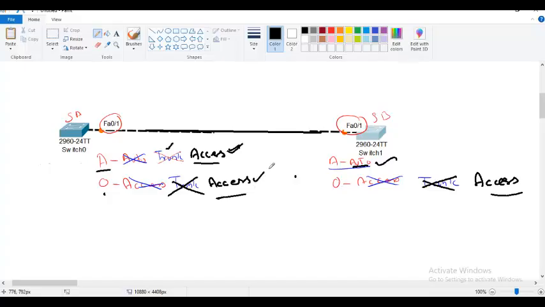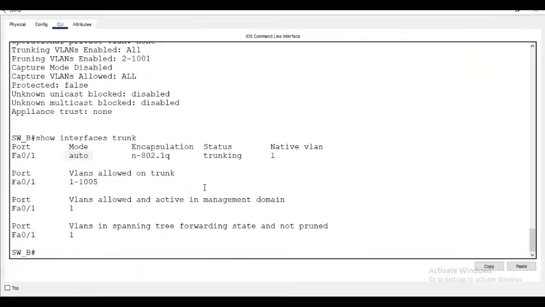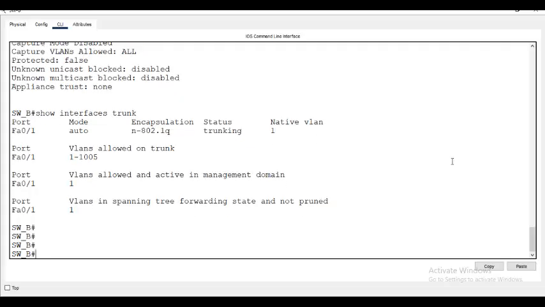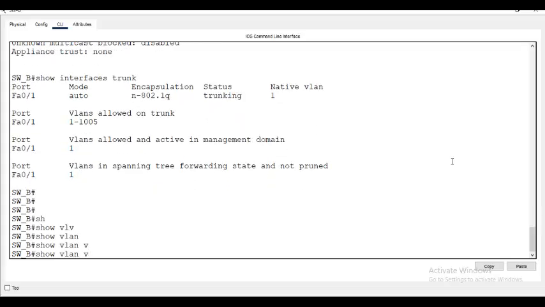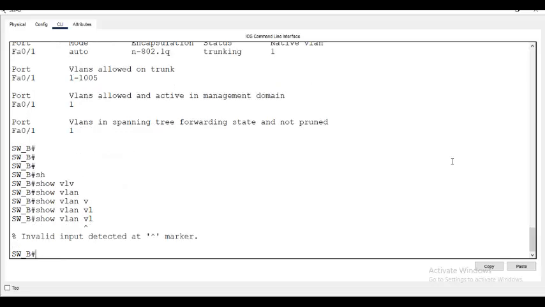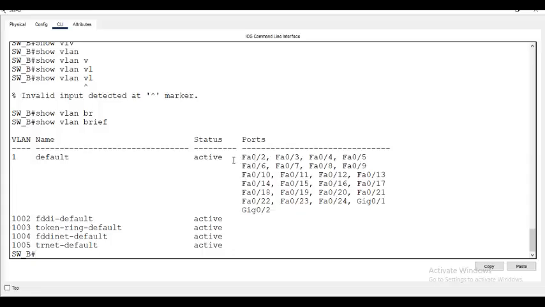And in switch B, when you type show vlan brief, you don't see port number 1 because right now it is trunking. It won't come under any VLAN when it is a part of all VLANs. Same story with switch A. Show vlan brief. F0/1 is not part of any VLAN.